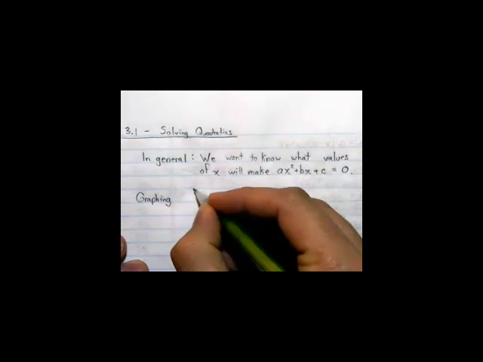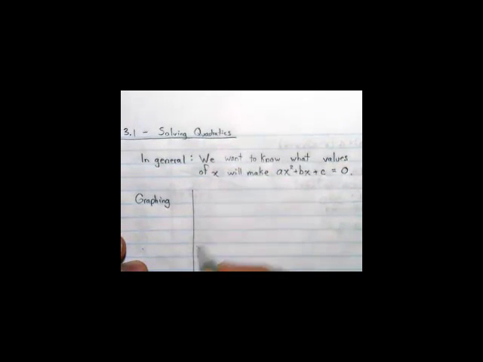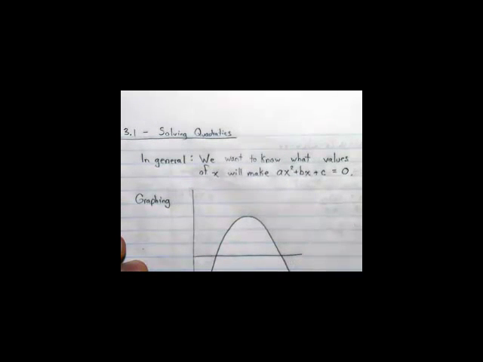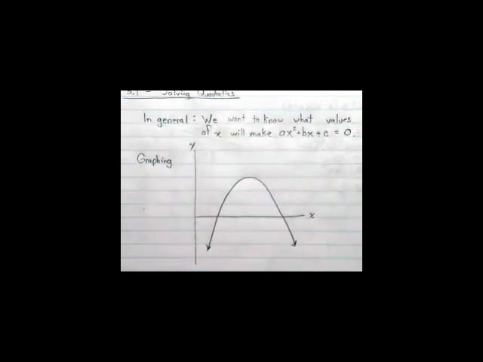So, first method we talked about that we're going to do, graphing. All right, so let me draw you a quick little picture here. So let's say we got some parabola that looks like that. Here's the y-axis, x-axis. So if what we're trying to do is to find x values that will make the equation equal to 0, where are we going to look on the graph then to try and find these solutions?